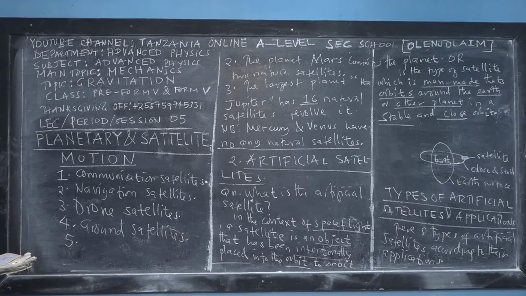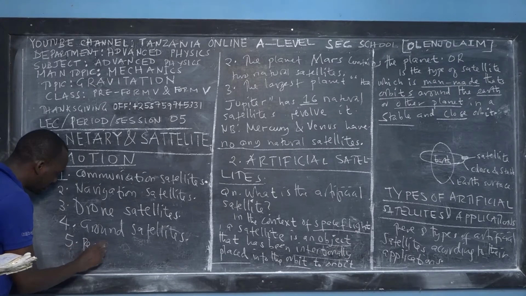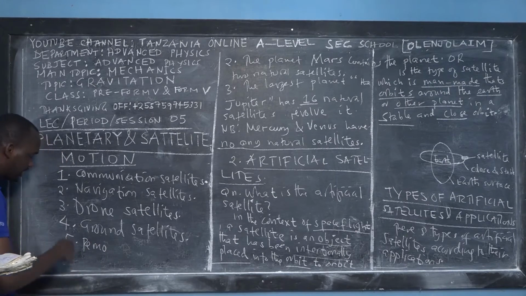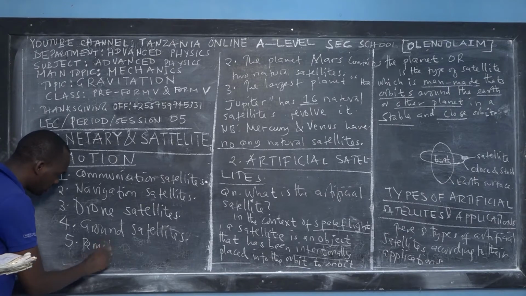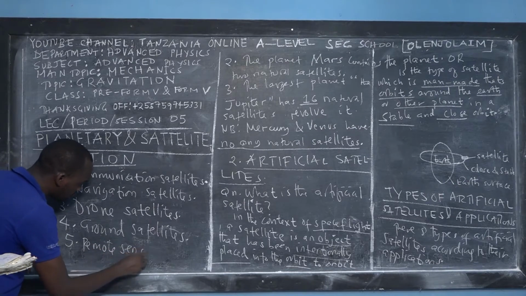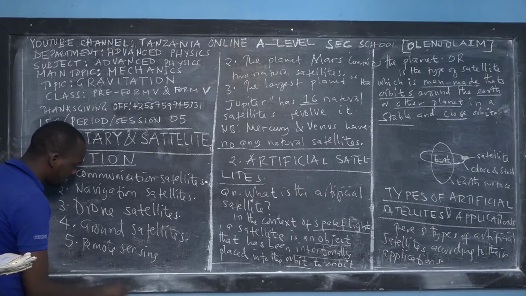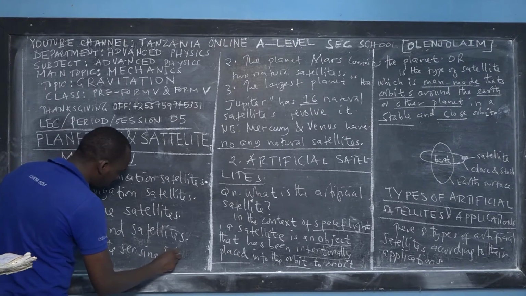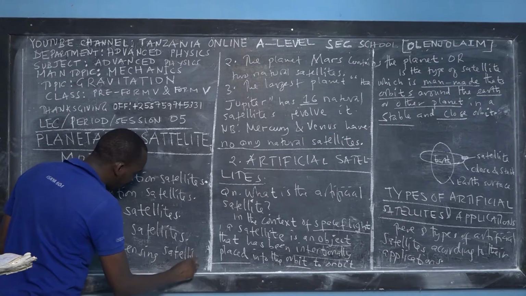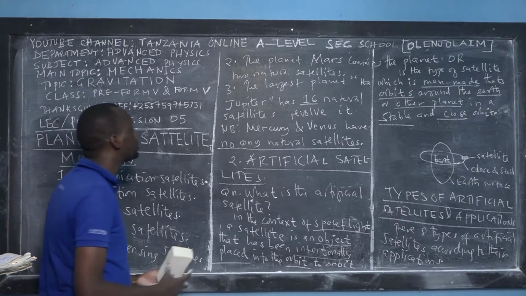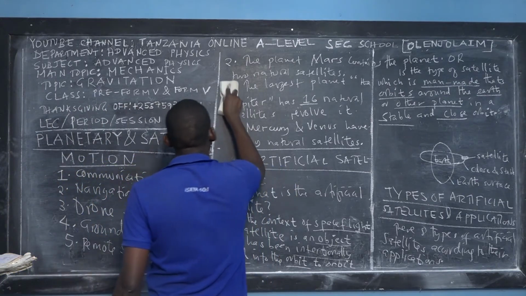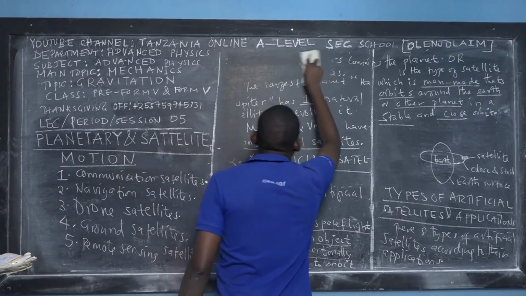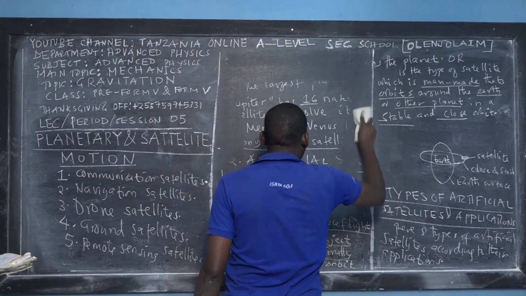Okay, the fifth type, so you have ground satellites. We have also remote sensing. Very important for electronics engineers and electrical engineers. Remote sensing satellites are used to collect the sensors info, or the sensor data, right?